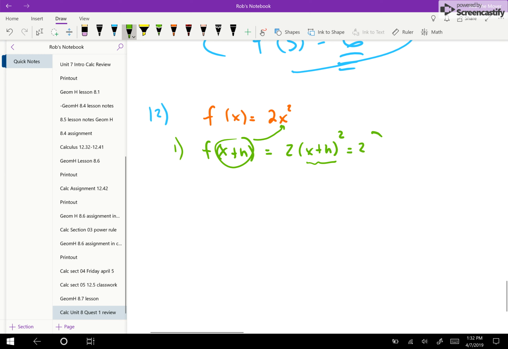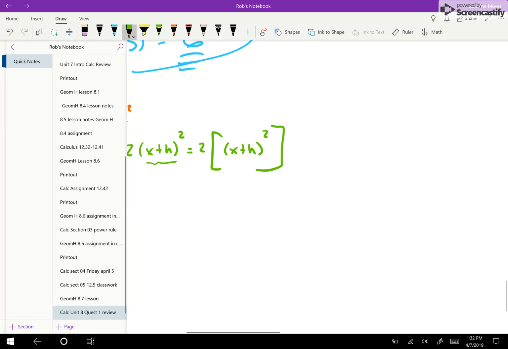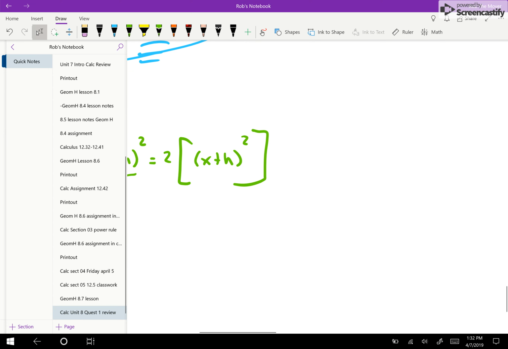So what you're doing in your head is you're doing x plus h squared, and then distributing the 2 times everything. So what is this? This is 2 times, now we just did x plus h squared. We've done this numerous times in this class. x plus h squared ends up being x squared plus 2xh plus h squared. If you haven't foiled that out and tried that on your own, go ahead and do that.